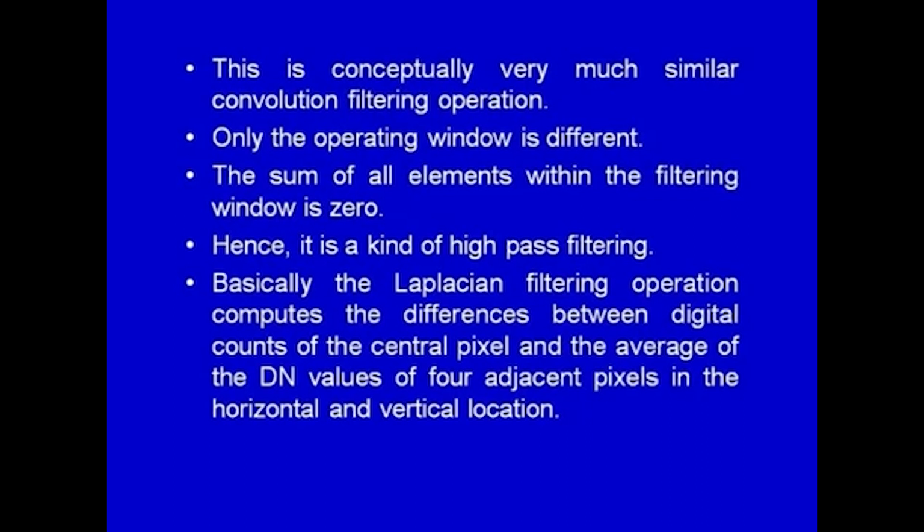Basically, the Laplacian filtering operation computes the differences between the digital counts of the central pixel and the average of the DN values of the 4 adjacent pixels in the horizontal and vertical direction.